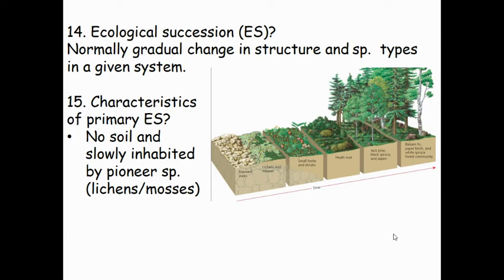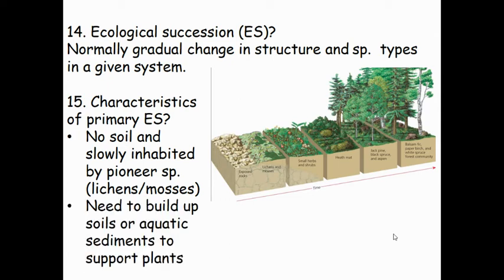Eventually you're going to have some simple plants come in, then more complex plants, then animals. Eventually you'll get to climax community, which typically is forests. So they need to build up the soil. Also, primary succession can happen in the oceans where there are no sediments available.